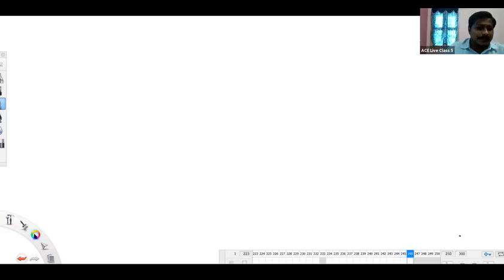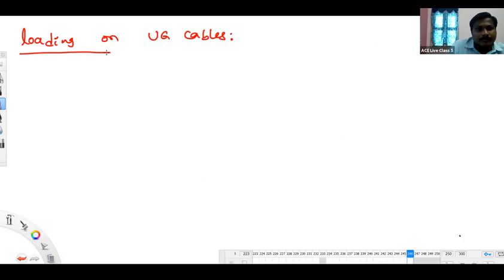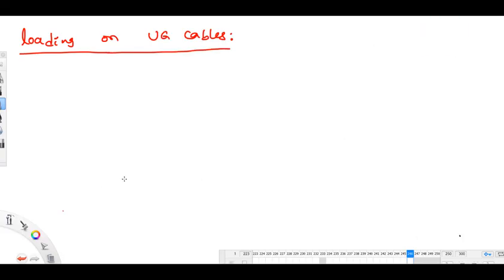Okay, let's continue with UG cables, loading on underground cables. First you tell me, how is the surge impedance of a cable? Something like 40 to 80 ohms, we have said earlier.